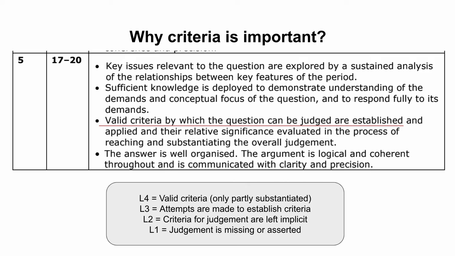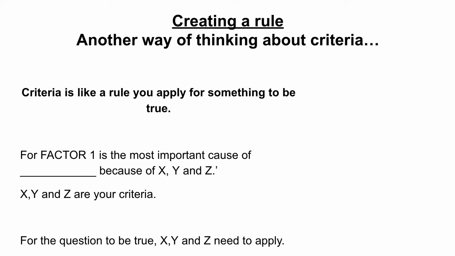So here is the idea. This is another way of thinking about criteria. As I said, it builds on the past video that I've done that you can also look at. So think about criteria as a rule, that you are creating a rule that for something to be true, it needs to apply. So think about it in an essay.